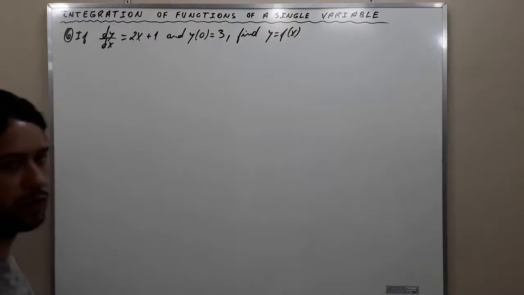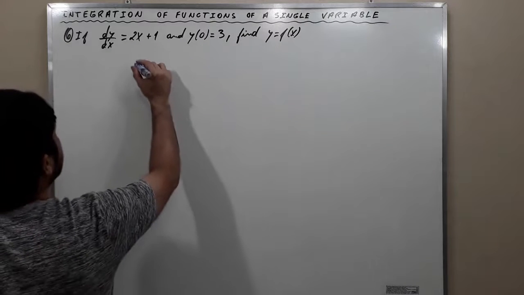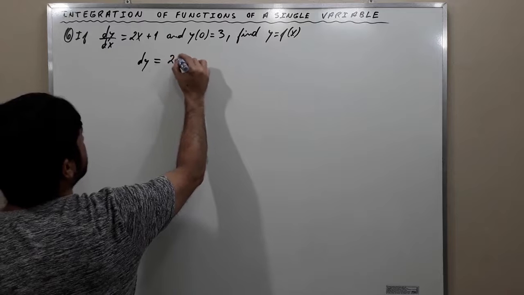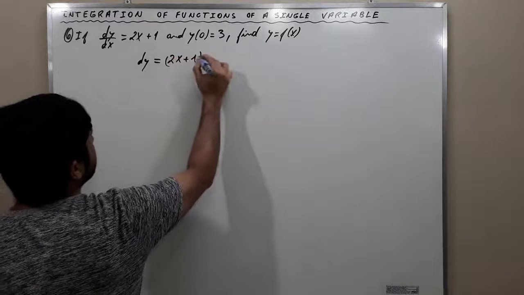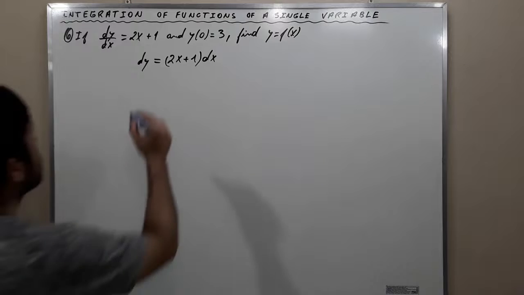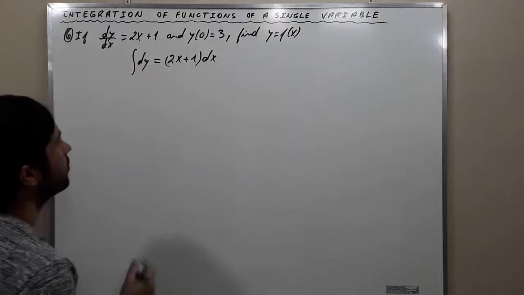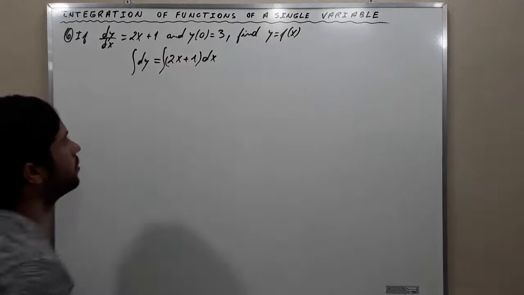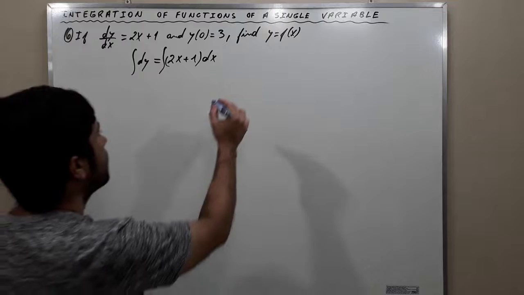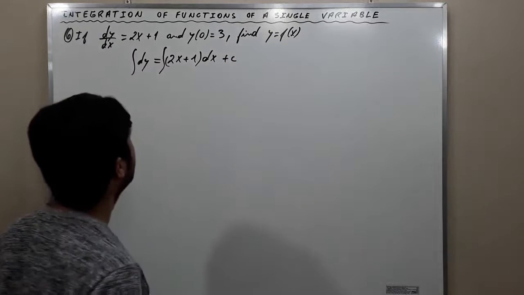Alright, we are going to proceed as follows. dy is equal to 2 times x plus 1 dx, and if we integrate both sides, we get that the integral of dy is equal to the integral of 2x plus 1 dx plus a constant of integration.